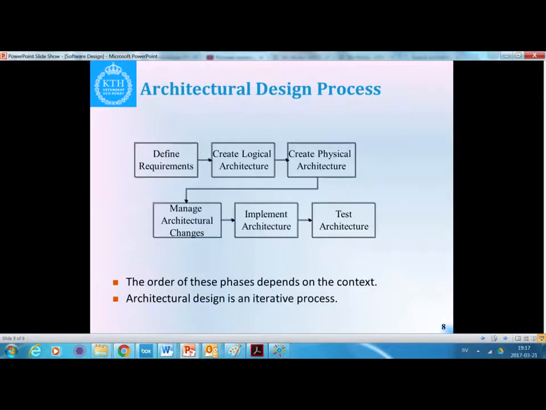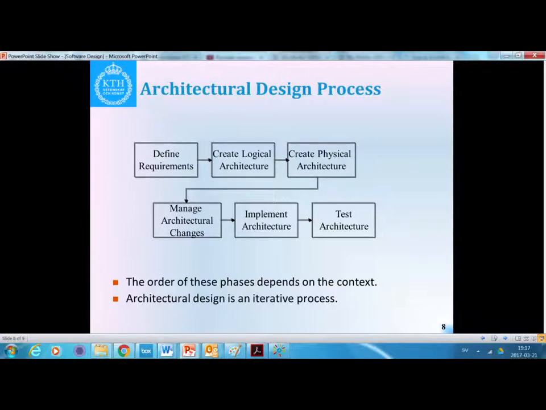I have a very simple process model for how to design the system. So of course you define requirements, and afterwards, or while you identify requirements, you create logical architecture. Logical architecture is a conceptual model of all the systems and of the subsystems that are included in the architecture and how they are related.